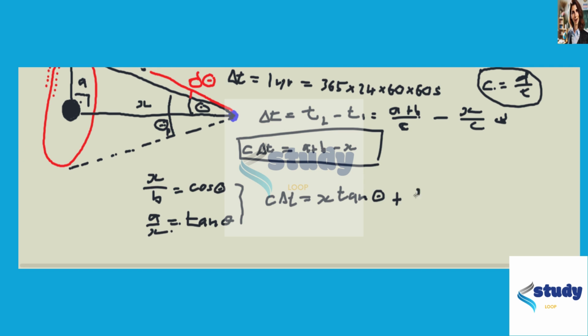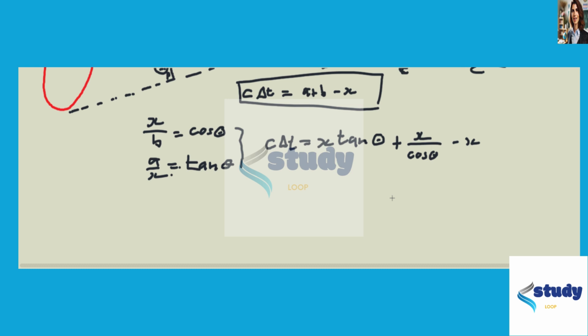So this is x over cosine of theta, and then of course minus x. Now the entire right-hand side is written in terms of x, which we can factorize. So we have x times the tangent of theta plus 1 over cosine of theta minus 1, and that's equal to c times delta t.